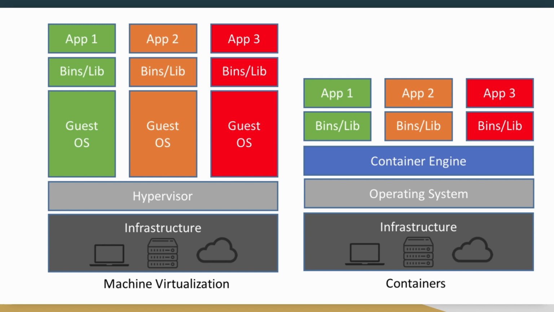And those containers are much more lightweight than a virtual machine because they don't have to contain the operating system. That's a huge advantage for containers. So that's basically how you can view containers in comparison to virtual machines.